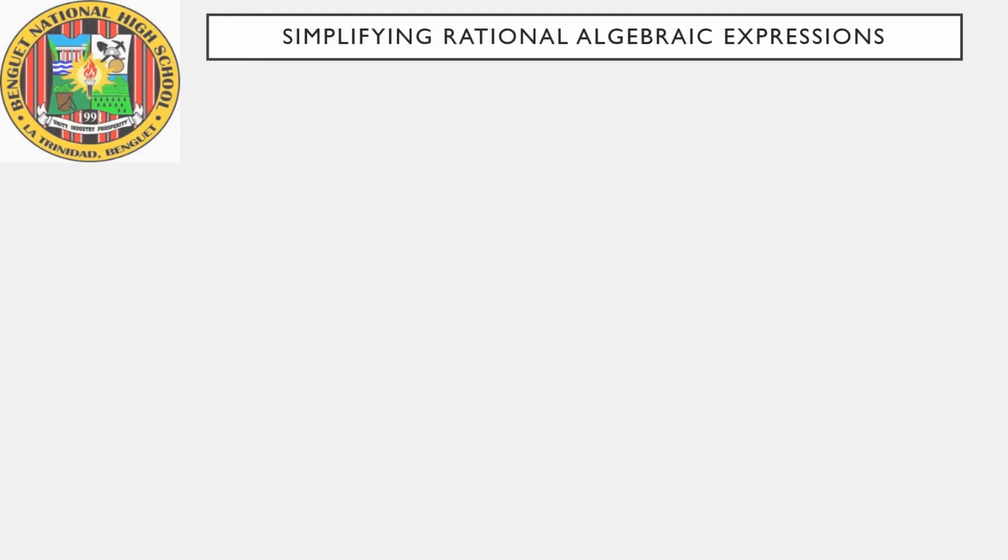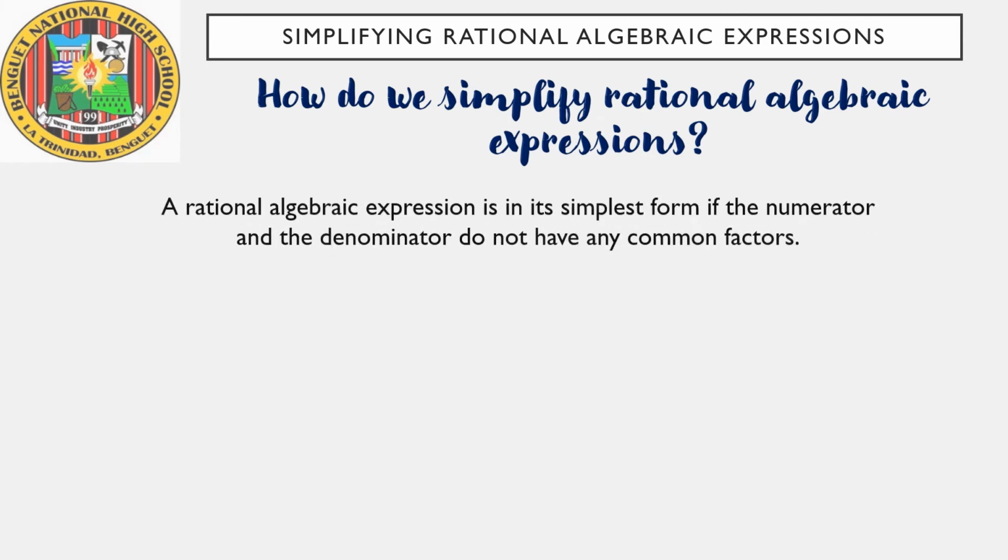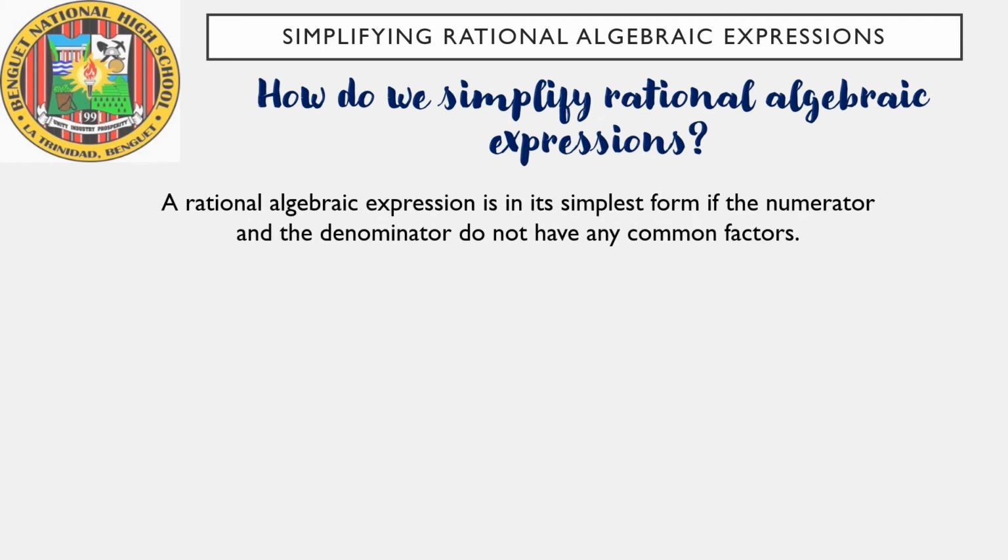Now that we know what a rational algebraic expression is, how do we simplify them? If an RAE is in its simplest form, its numerator and denominator should not have any common factors except 1. Take a look at the following examples.